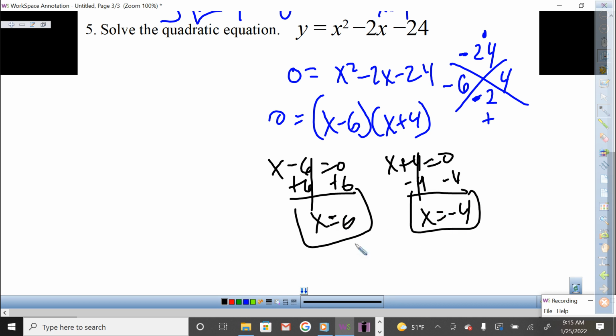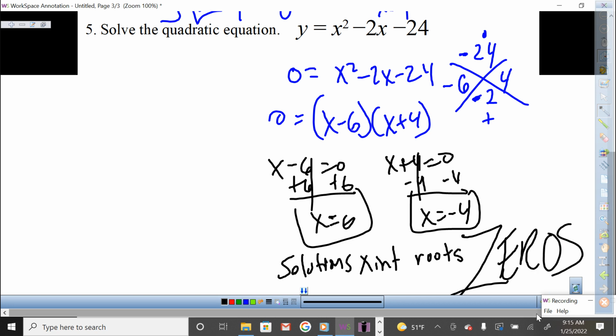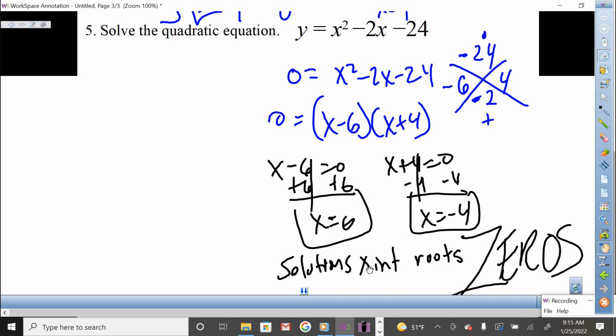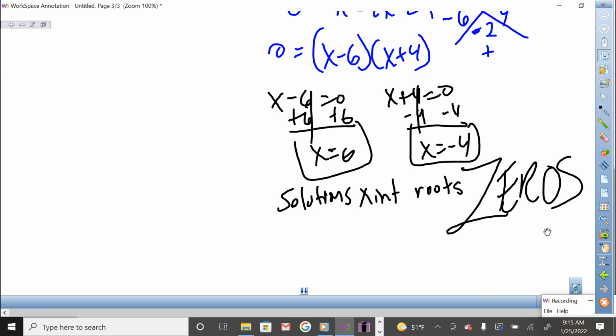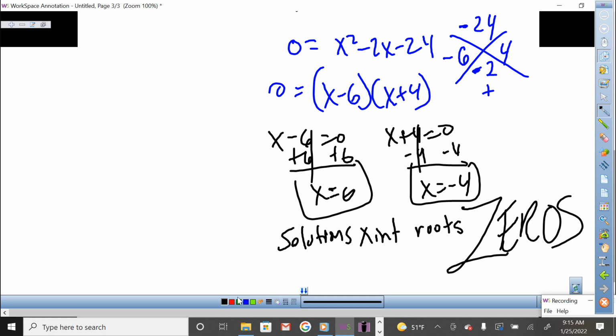Tell your neighbor what these are called. Yeah, I made that big enough, hopefully, so you can remember. They're called zeros.